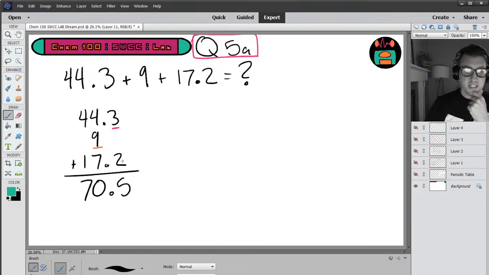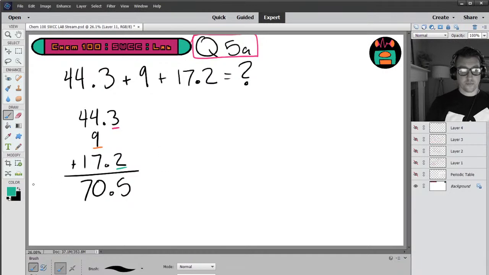And 17.2 has its last significant digit again in the first decimal place. Now, what we've just done by identifying the last significant digit in the number, that is the precision of each number. And the answer needs to have the same precision as the least precise number we used in the addition.